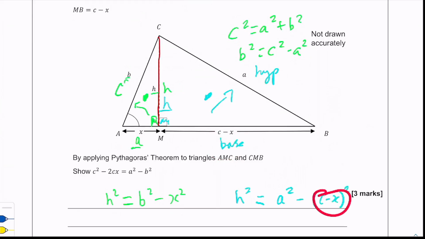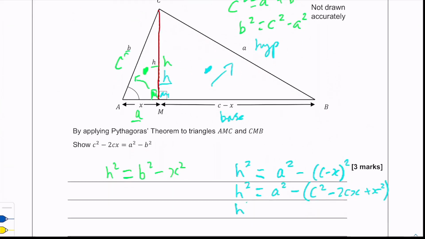It's the entire thing that's being squared. Okay, so we need to do a bit of work here. So we need to expand our bracket, so A squared, then we've got take away, and we're going to keep the brackets here for now to make it a bit easier for ourselves. So we've got C squared, then take away 2CX, and then plus X squared at the end.